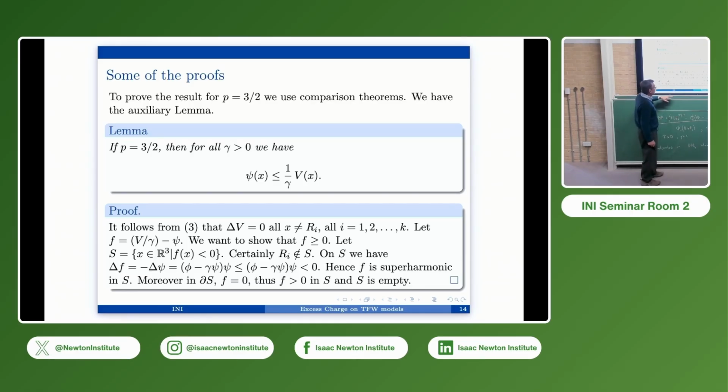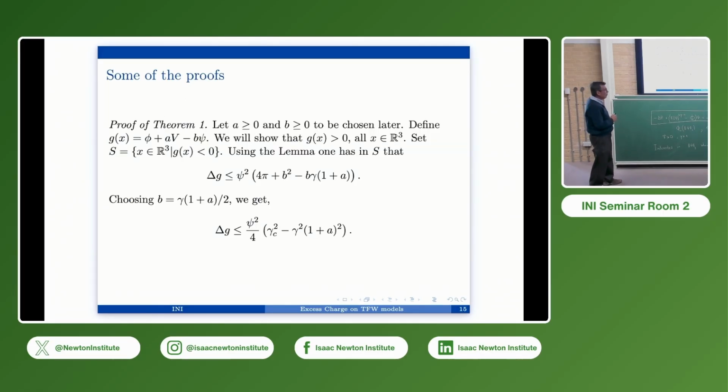And of course, since the potential blows up at the nuclei, all the nuclei are not in this region S. And on S, you just compute the Laplacian of phi, and you prove that it's negative. So the function f is superharmonic there. And on the boundary, of course, f is equal to 0. So if the function is superharmonic and on the boundary is 0, then the function is positive in S, and obviously S is empty. So that's the standard thing we use all the time.